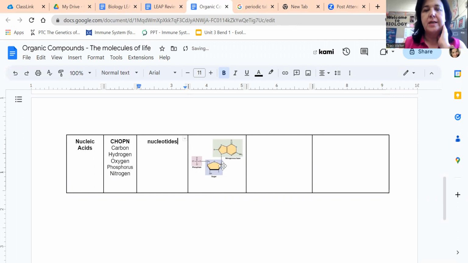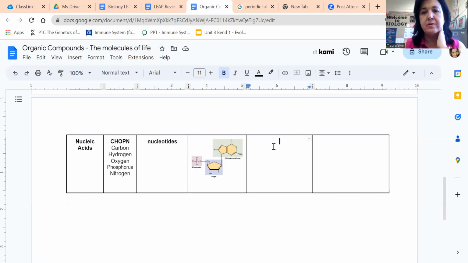Okay. And so here you see what a nucleotide looks like. A nucleotide has a phosphate group over here, and then it has a 5-carbon sugar, and then it has a nitrogenous base.